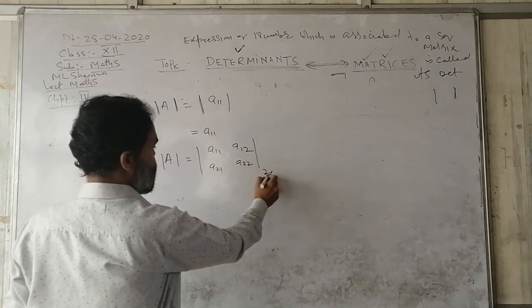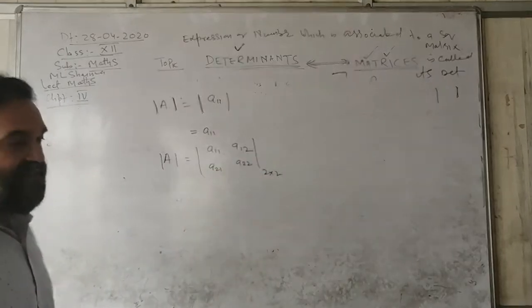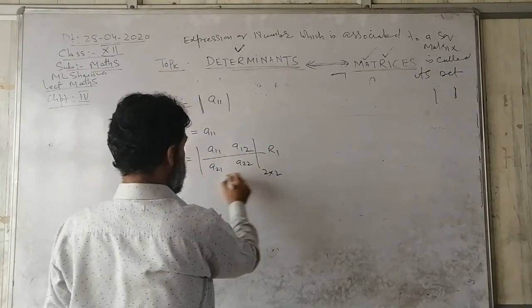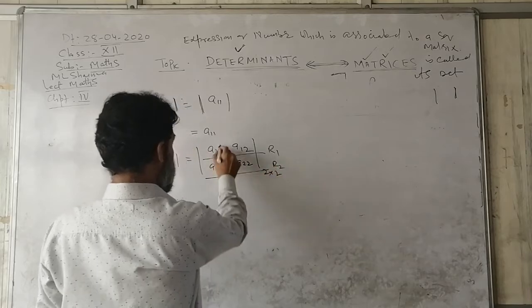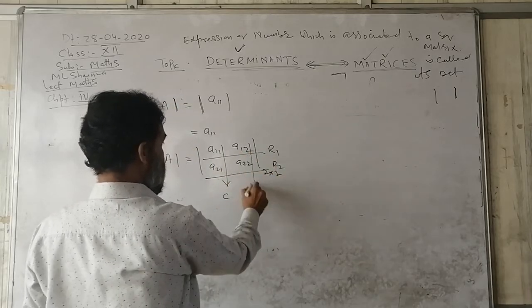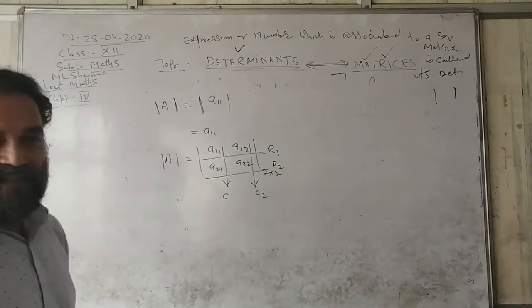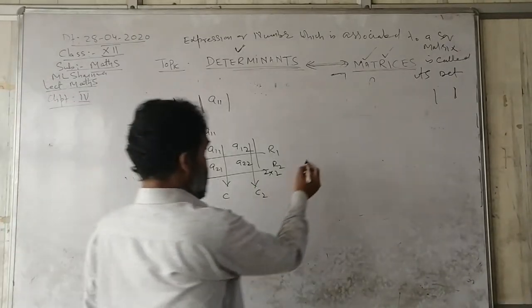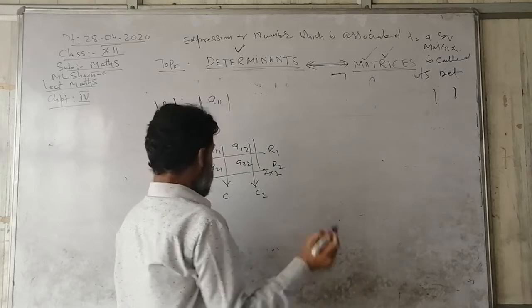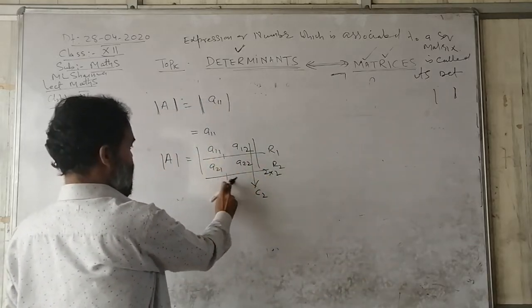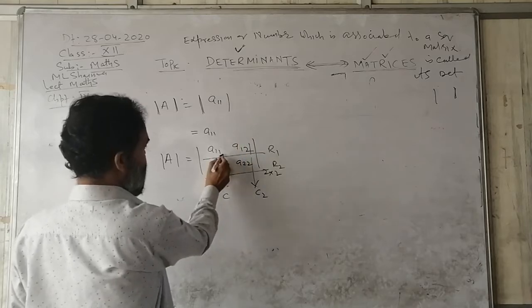Suppose I have a determinant of order 2 by 2. So this determinant is having 2 rows. This is row 1, this is row 2, this is column C1, this is column C2. Now if I have to expand this determinant, how can I expand this? The way is, we take the diagonal elements.